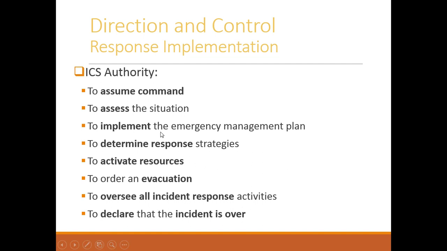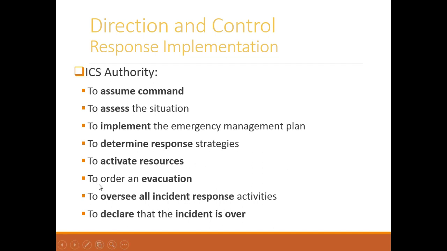The incident command system implements the emergency plan that has already been created by the emergency management group. As mentioned before, they determine the right response strategies which would have been planned ahead of time. The incident command system activates resources, so whatever resources had already been planned and allocated, they would activate and access those resources.